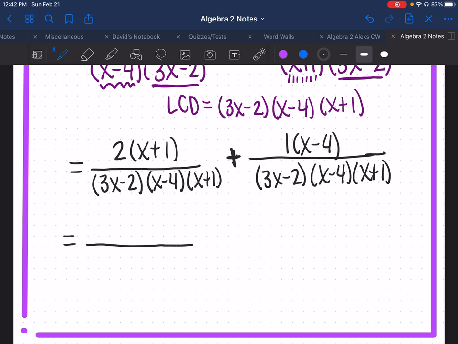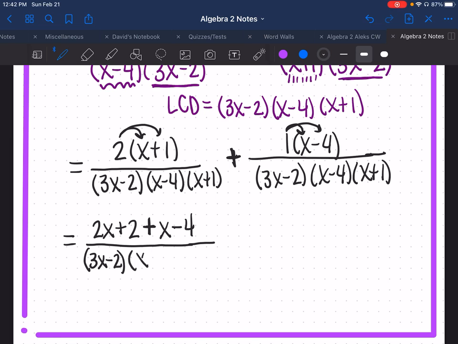So 2 times x is 2x plus 2 times 1 is 2, plus from the middle 1 times x is 1x and 1 times minus 4 is minus 4. Okay, so that's our next step. Don't get cancel happy yet because then you're just going to go back to where you started.